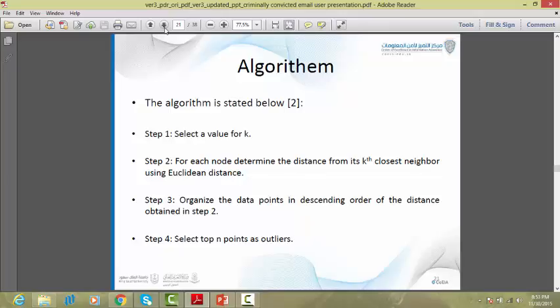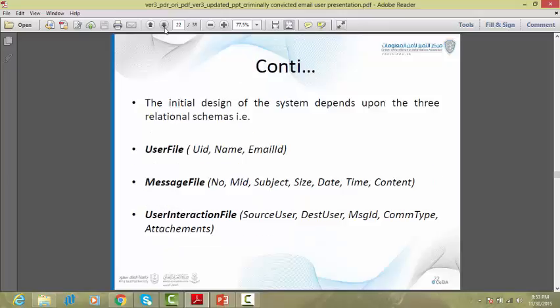For example, we have found 3 out of the total 6 users in our top 20, which we will show later in this presentation.